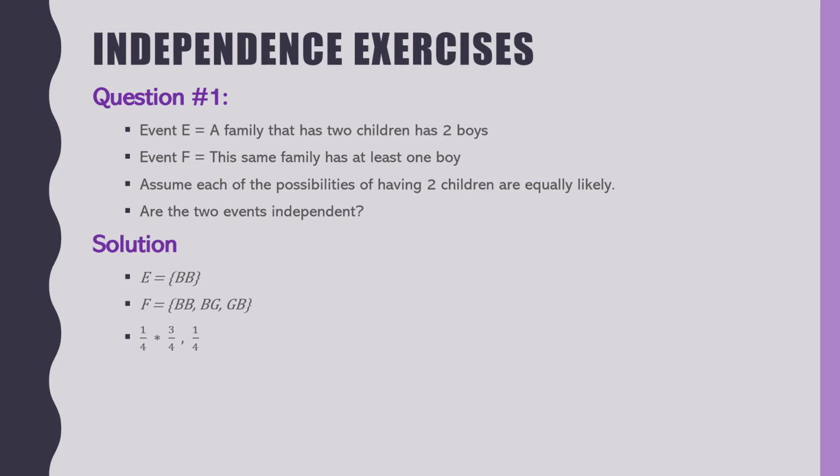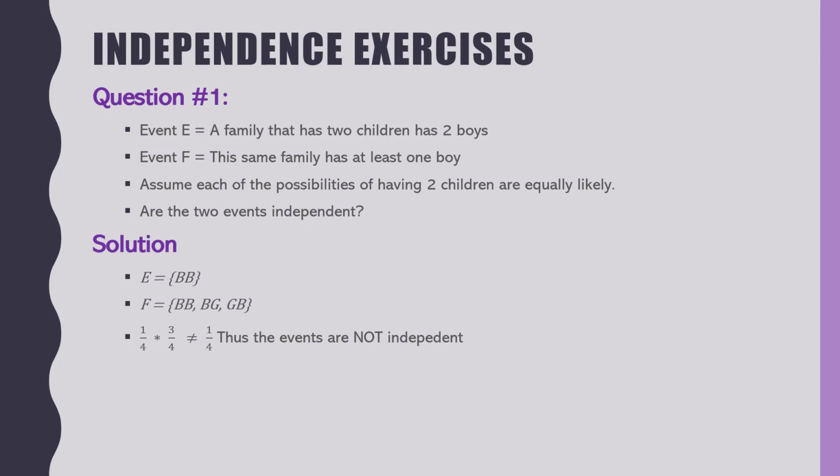The question is, is 1/4 times 3/4 equal to 1/4? That's the question. The answer is they are not equal to each other. So Craig, this goes to your question earlier. Because they're not equal to each other, they are not independent. These are dependent events. In other words, the probability of E given F is different because F occurred than it would be if I just want to know the probability of E. It's different, right?